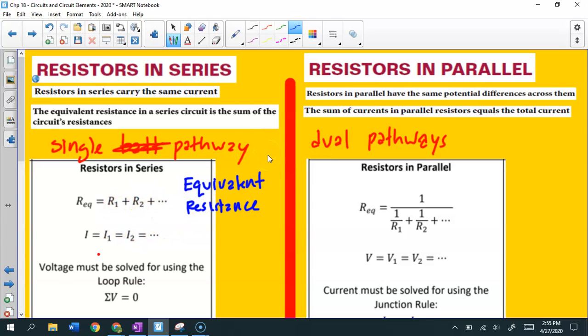Whereas the current, all right, the I, it refers to total current. All right, that's called total current. And the total current in a series circuit is the same as the current running through every single one of those resistors.